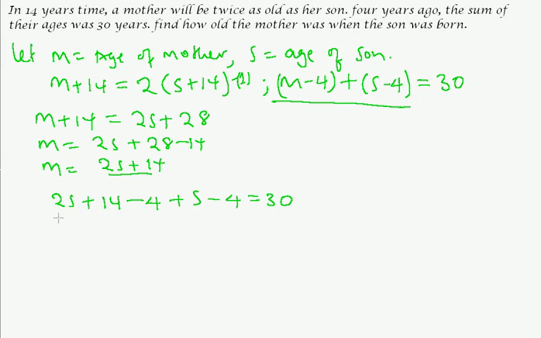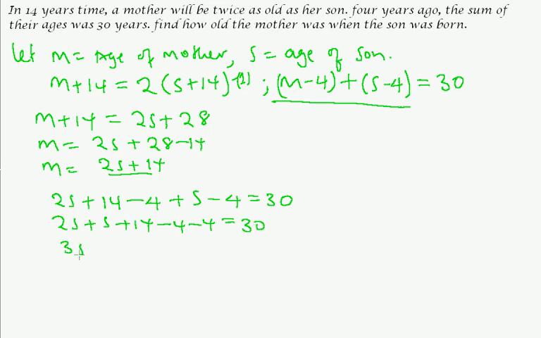Let's put the like terms together. 2s plus s plus 14 minus 4 minus 4 is equal to 30.